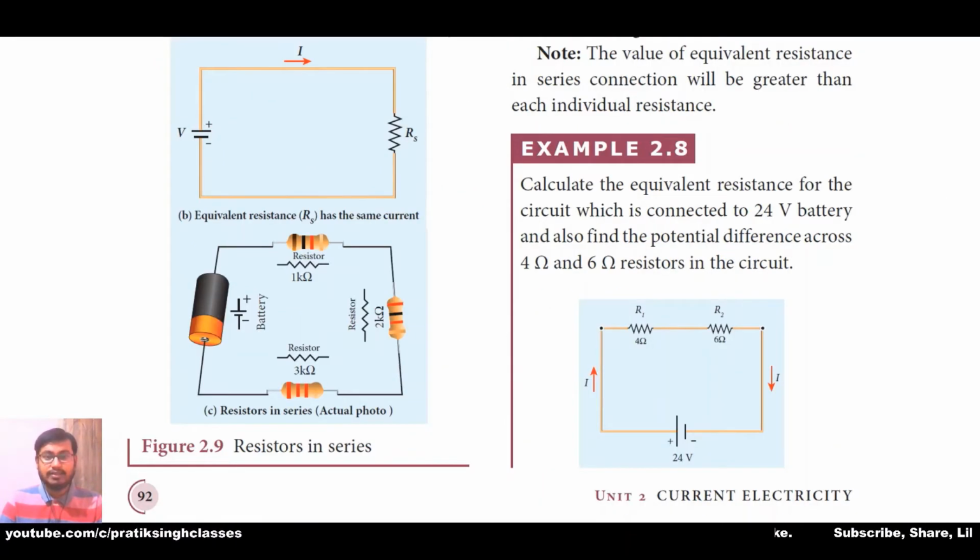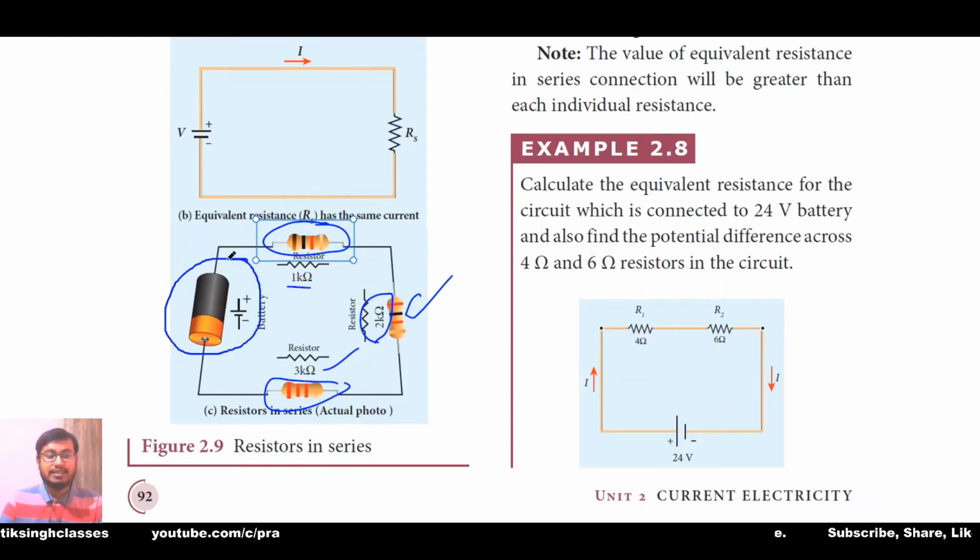As you can see here in the third figure, the circuit diagram, this is resistor R1 having resistance of 1 kilo ohm, this is the second resistor R2 having resistance of 2 kilo ohm, and this is resistor R3 having resistance of 3 kilo ohm, and you can see it is connected in series with a battery.